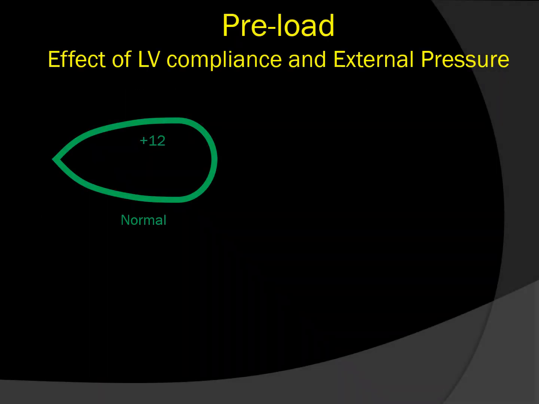In this first scenario, the left ventricle, represented here in green, has a normal filling pressure of 12. What we need to think about is that the normal surrounding pressure in the pericardial and pleural space is negative, at about -5 centimeters of water, so that the difference between the intracavitary and extracavitary pressure is actually 17 in this example.